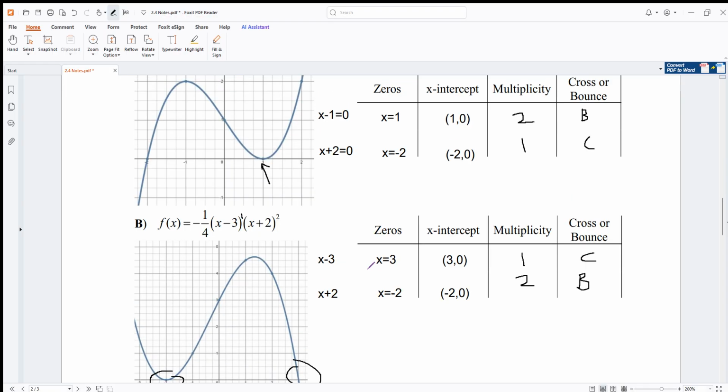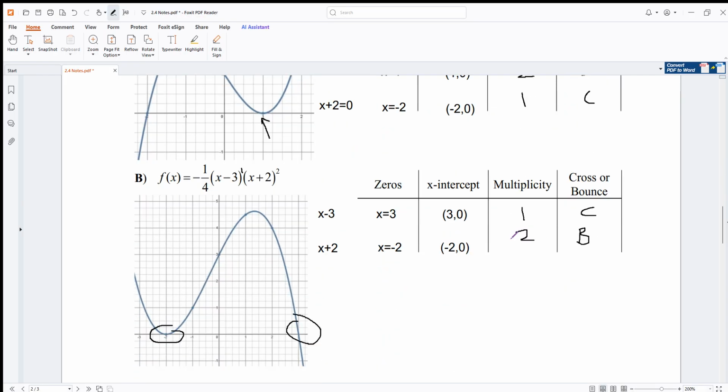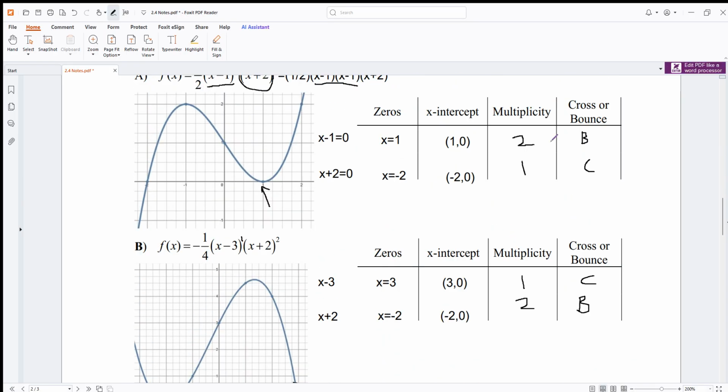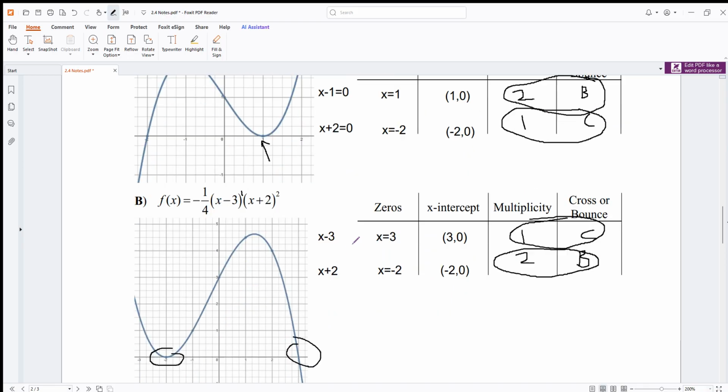Now you might be wondering, why do I care what the multiplicity is? Hopefully, you've seen a pattern so far. If we have a multiplicity of 2, the graph bounces. Versus if we have a multiplicity of 1, the graph crosses the x-axis.